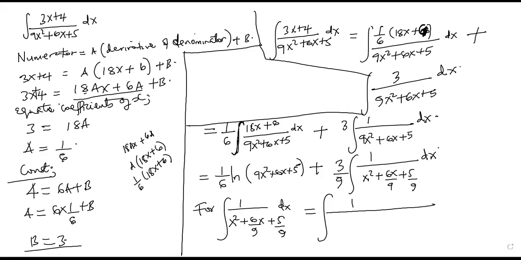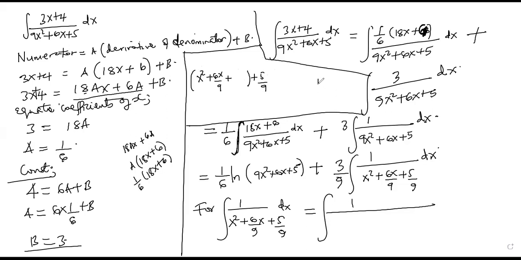Anyway, when we are completing a square, we write x squared plus 6x plus 5/9, leaving space in which you will add something. On this space, you put half the coefficient of x, then squared.